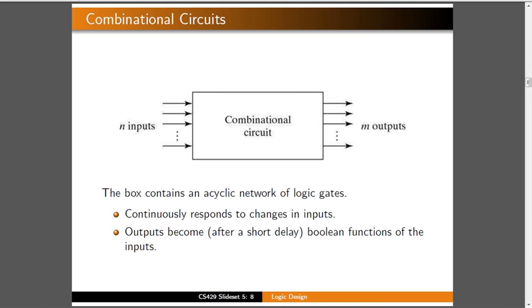The box contains an acyclic network of logic gates that continuously respond to changes in input. The output becomes a Boolean function of the input. There are 4 arrows used for input and 4 arrows used for output in this example.